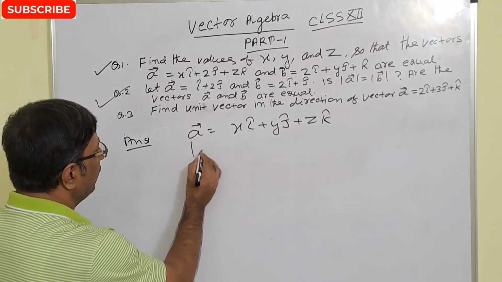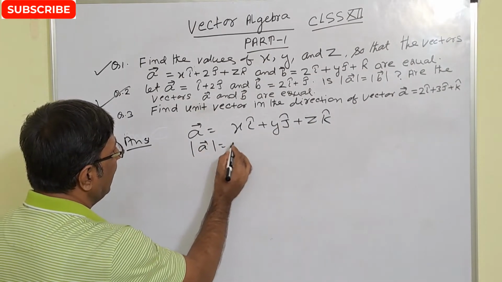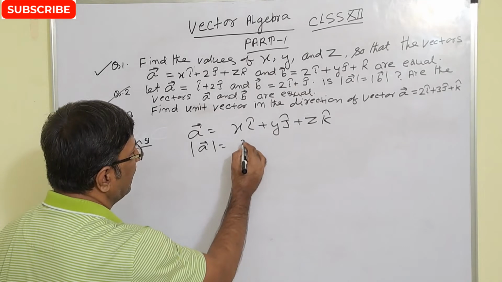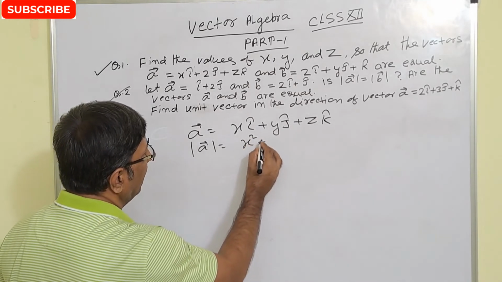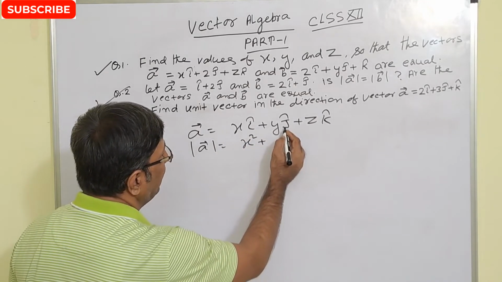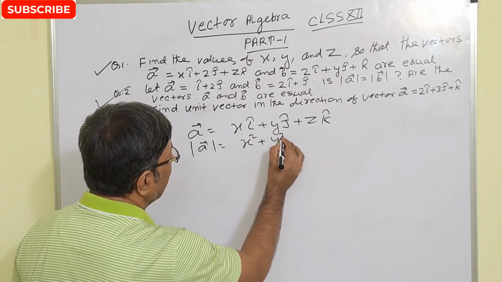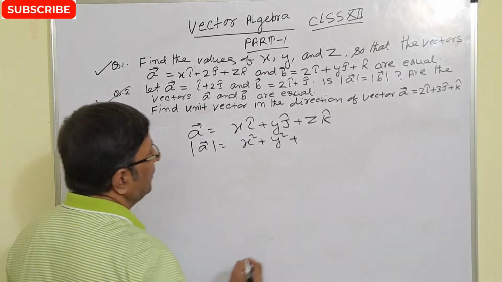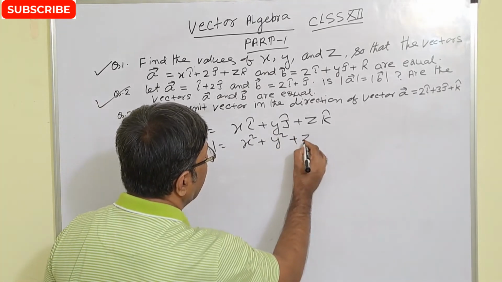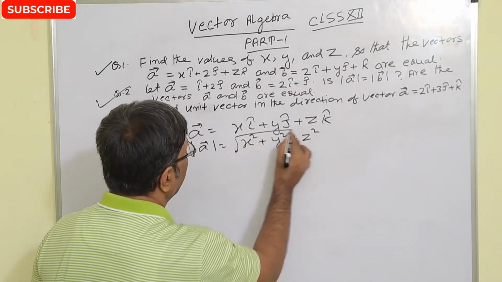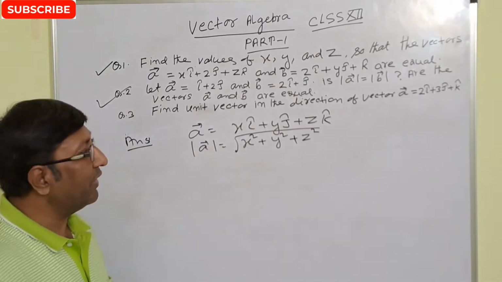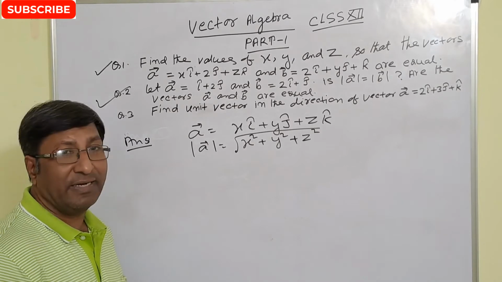Then magnitude of this vector is what? That is coefficient of unit vector I square plus coefficient of unit vector j, that is y square, plus coefficient of unit vector k, that is z square, and root under. This is the magnitude of any vector xi, yj and zk.